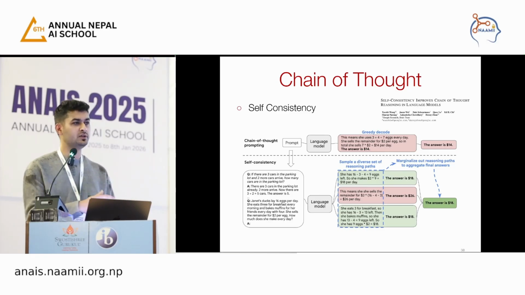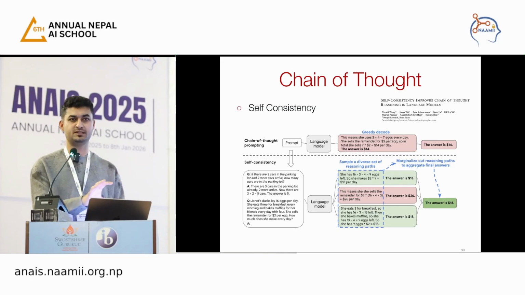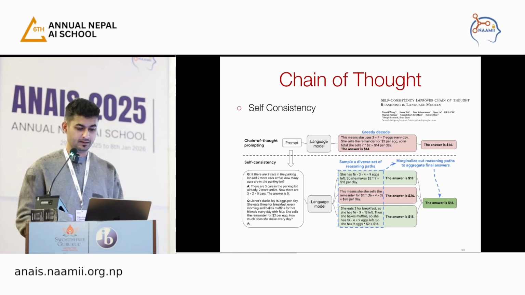There are actually tens, maybe hundreds, of works that explore different ways of prompting and improving chain of thought, so you can definitely look into it more. But the goal here is to highlight some of the representative works that have led to the development of LLMs as recent as, let's say, 2025.